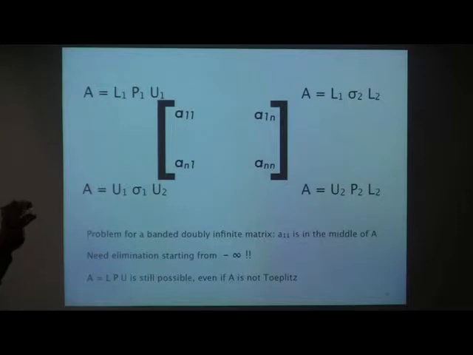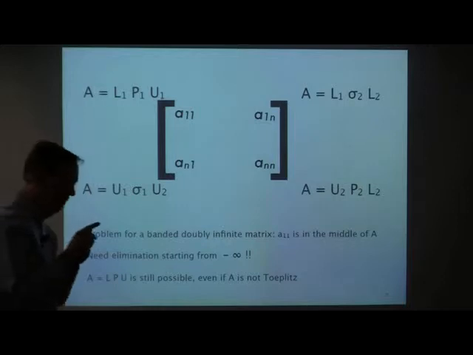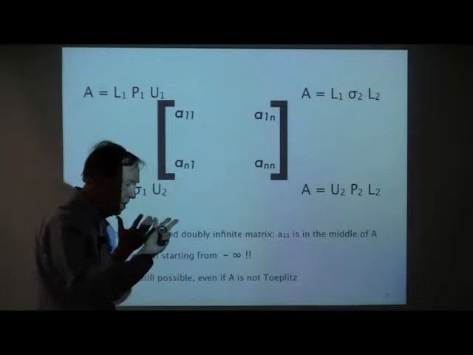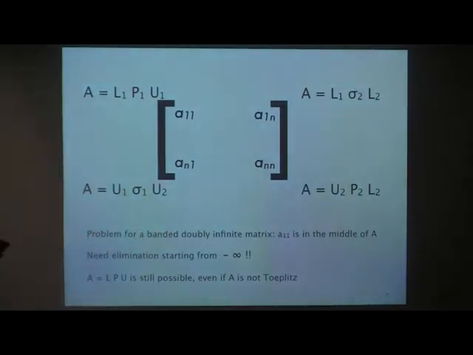So they're doing singly infinite matrices. Now, if you have singly infinite Toeplitz matrices, then if you do L times U, a lower triangular times an upper triangular Toeplitz matrix, the product won't be Toeplitz.